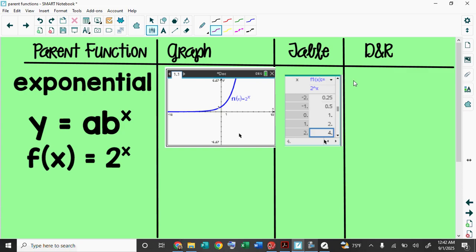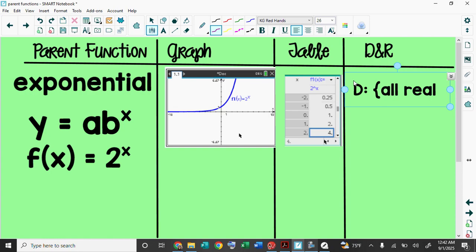And so for my domain, once again, for my domain, it's going to be all real numbers, or you can put that symbol. And then for my range, there's a limit to it.